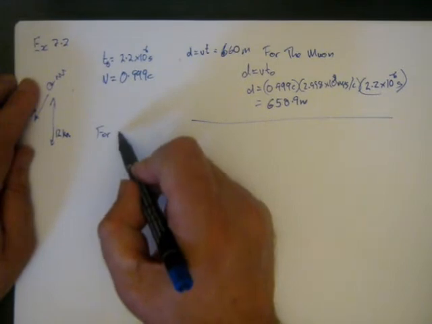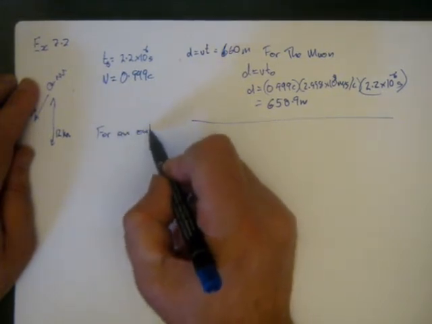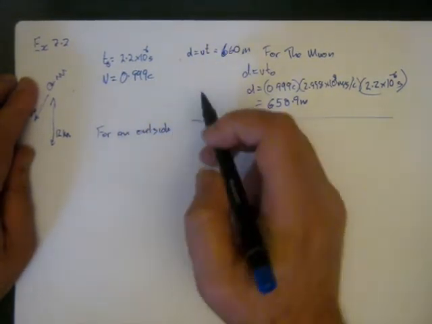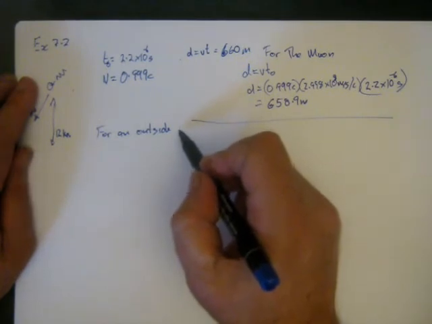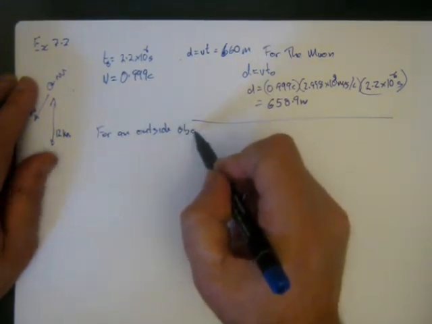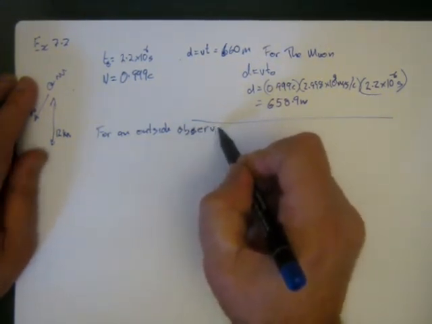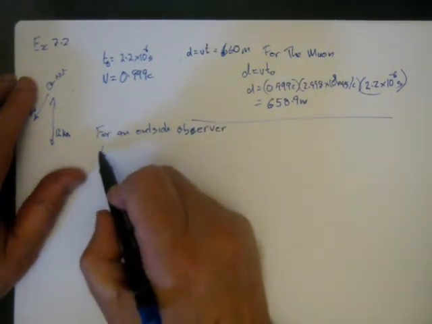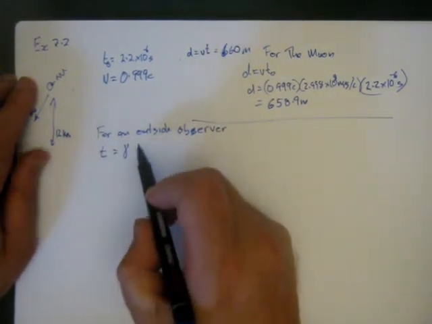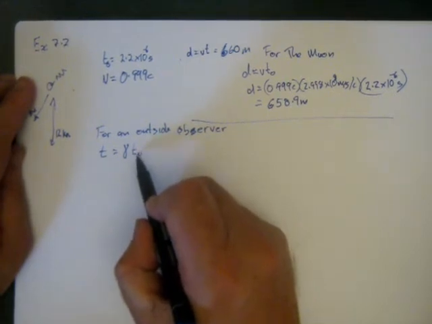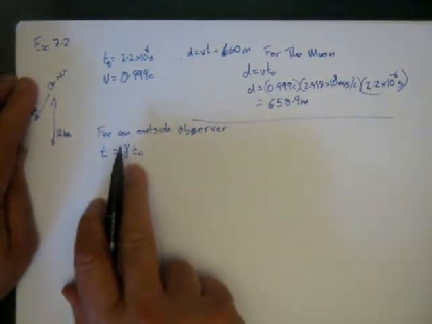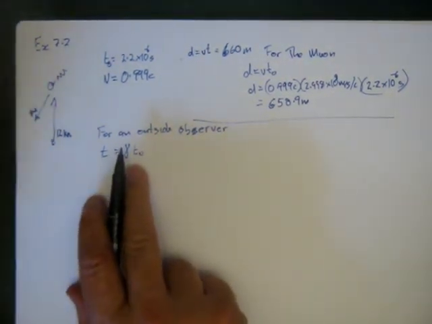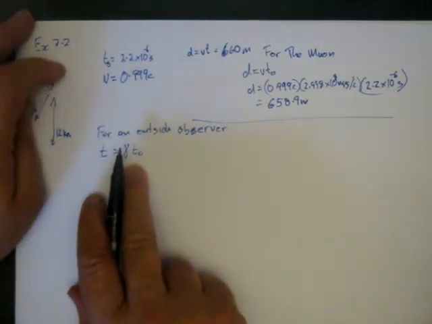For an outside observer, we see the time differently. What we see is that time is equal to gamma times the time the muon sees. Remember, t naught is the time for the thing that's moving, the shortest time.